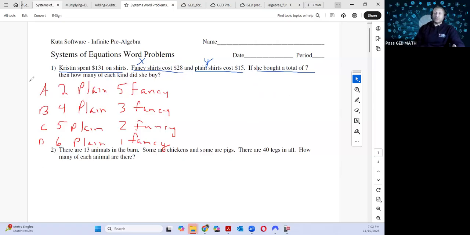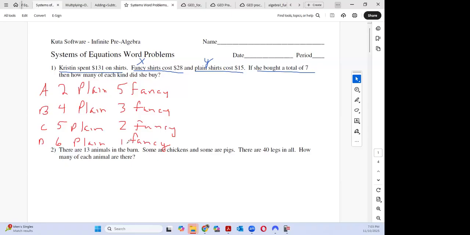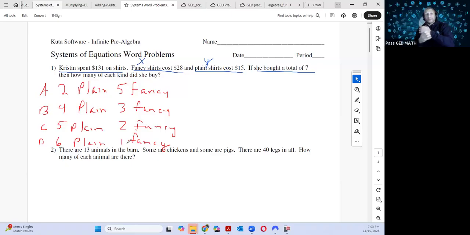But what I'm telling you is, first of all, figure out what you know. I know 7 shirts. If I look at A, 2, 5 makes 7, 4, 3 makes 7, 5, 2 makes 7, 6, 1 makes 7. So each of those multiple choices, I got 7 shirts. I know that my plain shirts cost 15, and my fancy shirts cost 28.